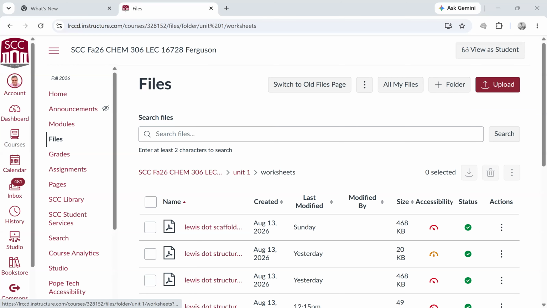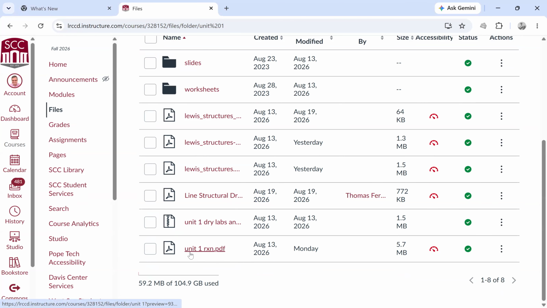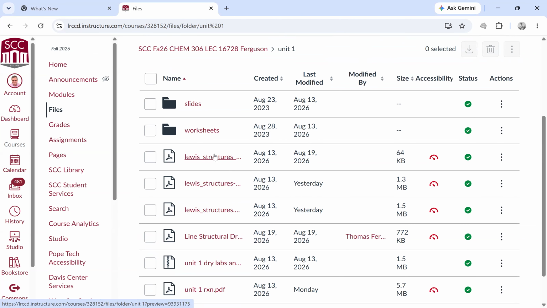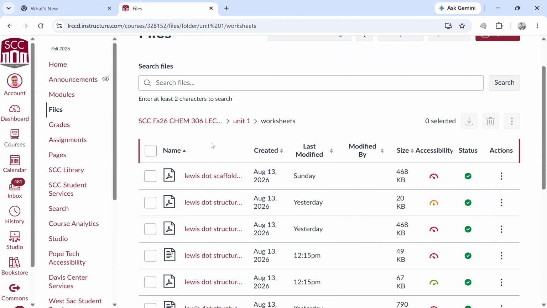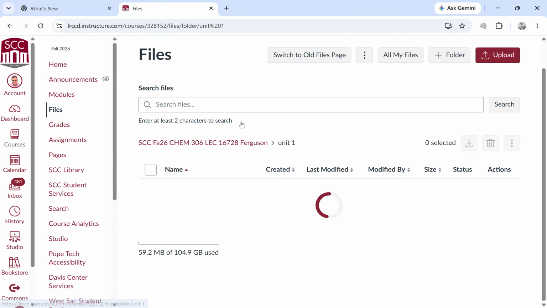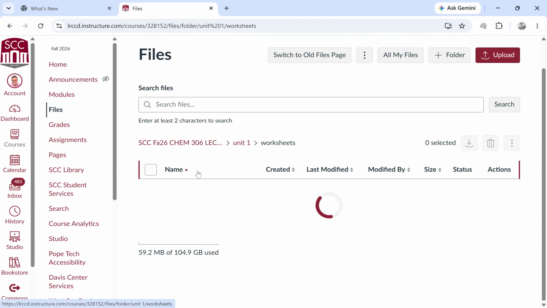Flowchart is located, if you go to files, Unit 1. It should be under worksheets.